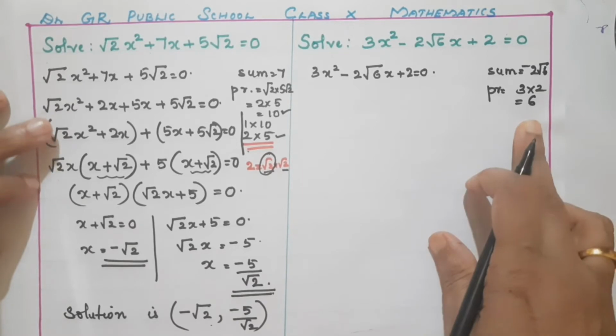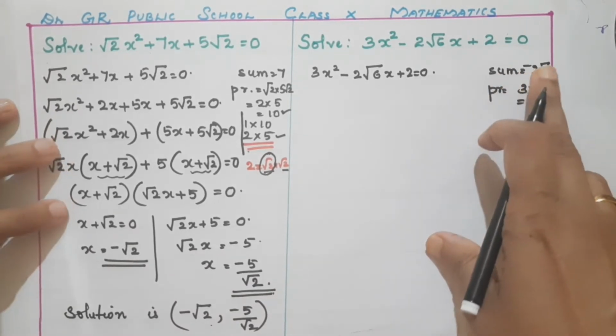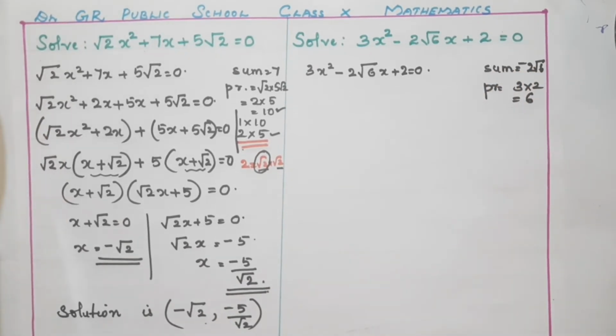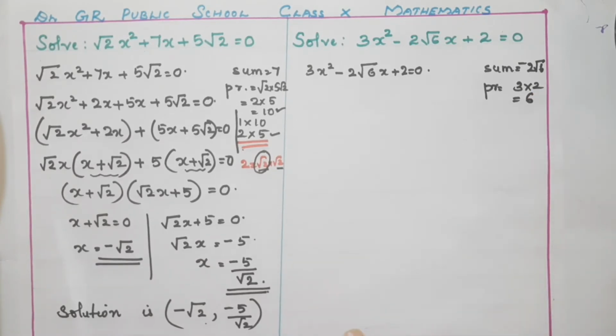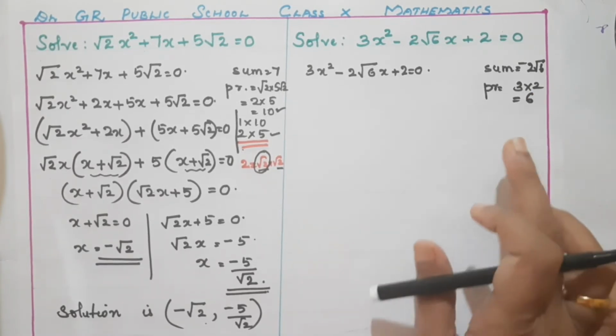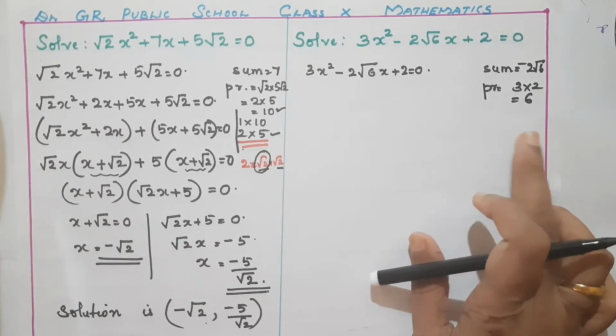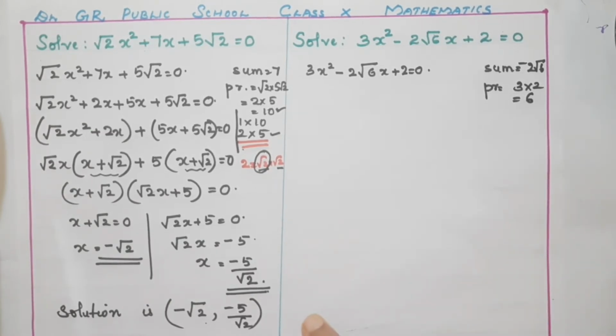So, product should be 6 and sum should be minus 2 root 6. See, sum is an irrational number. So, if the sum is irrational number, then you should understand that the suitable pair will also have irrational part. Okay. But we can apply the same process.